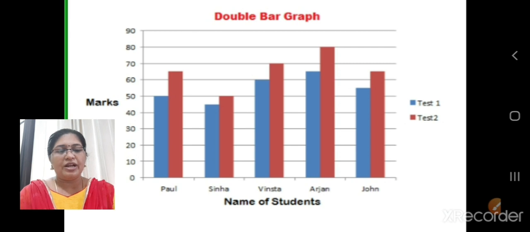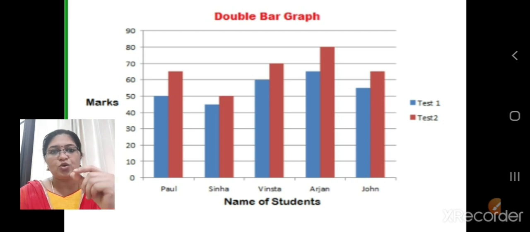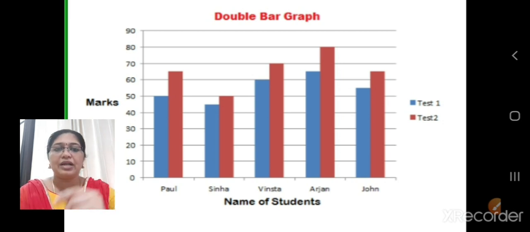For each student, we see the marks they got in test 1 and test 2. For a single student, we can compare how much she scored in test 1 and in test 2. We are comparing the marks. This can be done using a double bar graph.